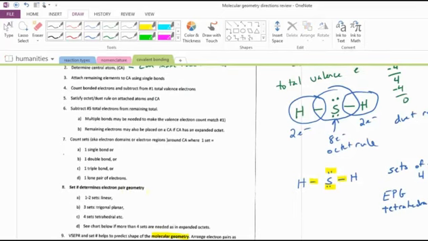But we need to get the molecular geometry, because we have two bonding pairs of electrons and two non-bonding pairs. So our molecular geometry is not tetrahedral because we don't have four bonds.